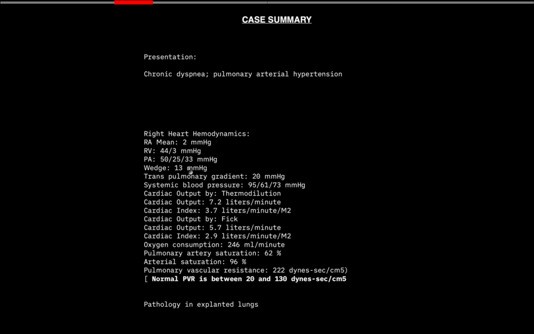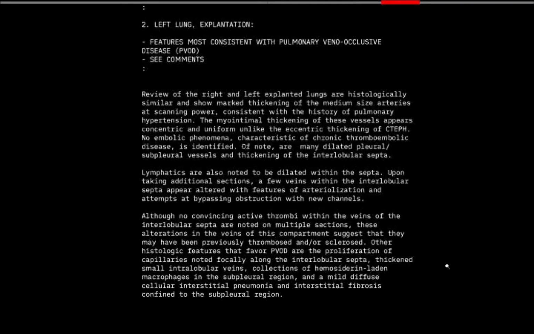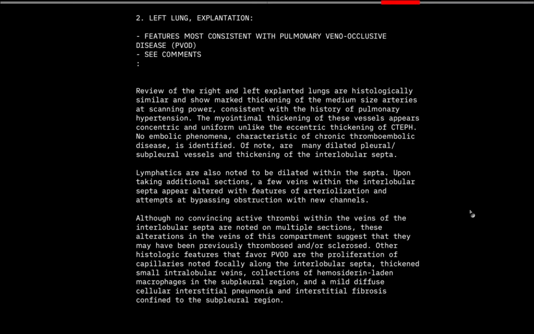And here I'll show you that we can see pulmonary hypertension, wedge 13 millimeters of mercury, increased pulmonary vascular resistance is present. And here is a nice description of the findings in the lungs of PVOD.